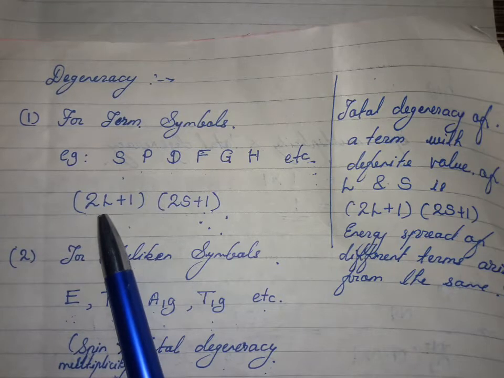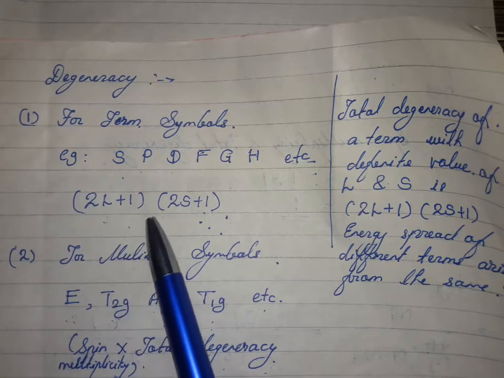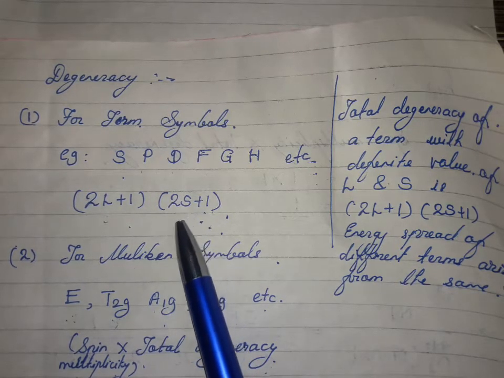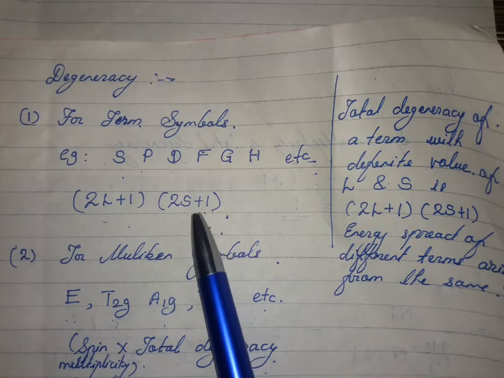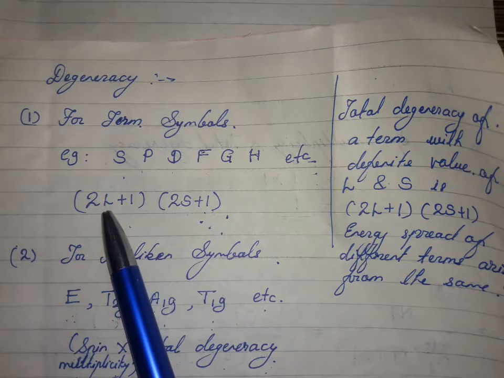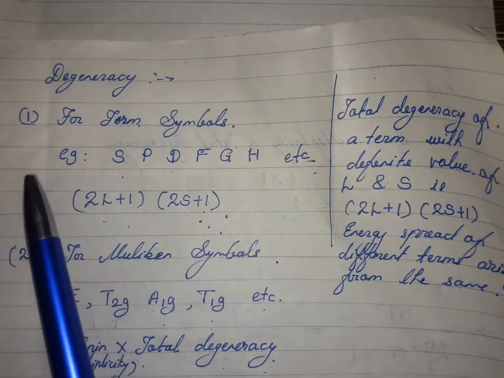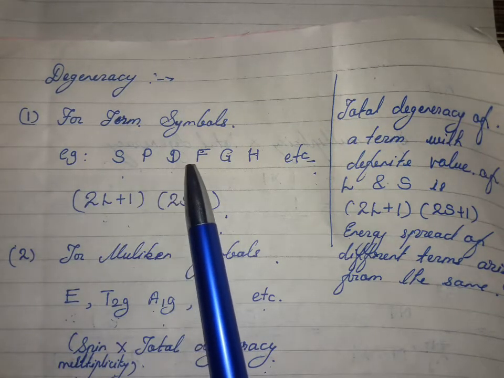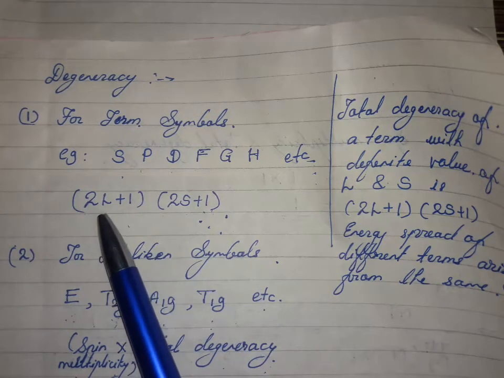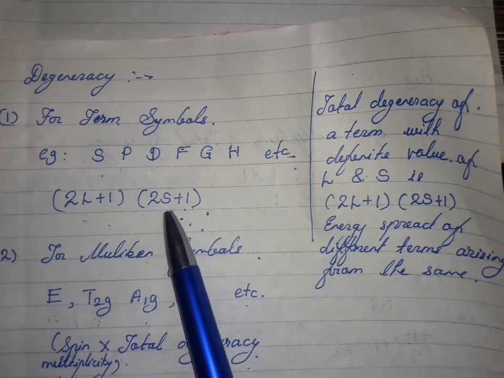L is the orbital quantum number, the orbital type of coupling or ML value. 2S plus 1 is the spin multiplicity, or spin coupling. We can calculate the degeneracy of S, P, D or F terms by using this formula, (2L plus 1) into (2S plus 1).